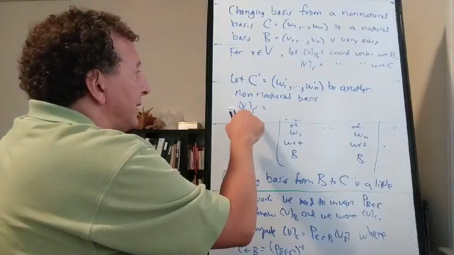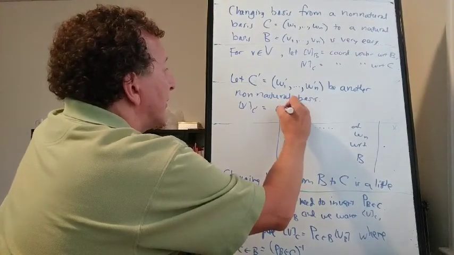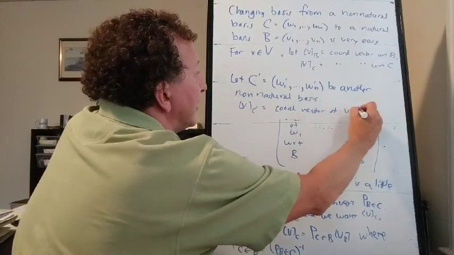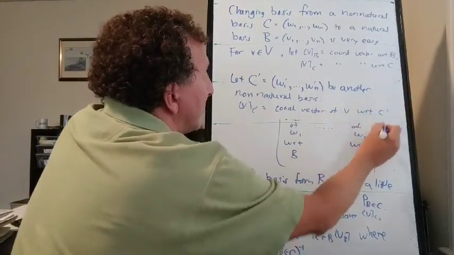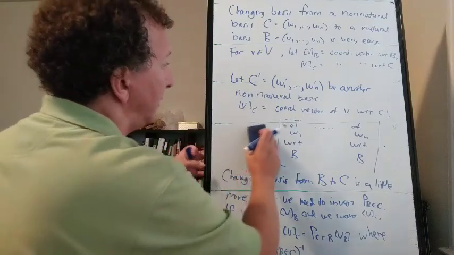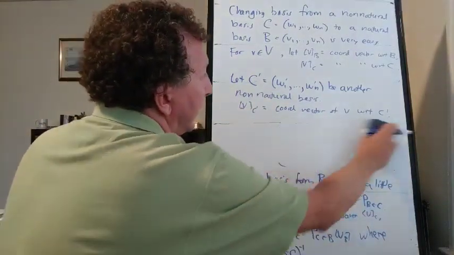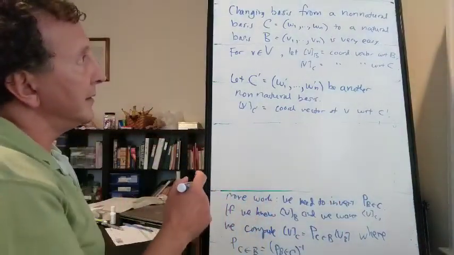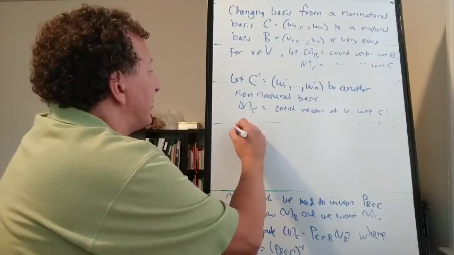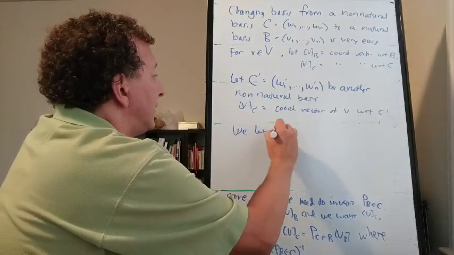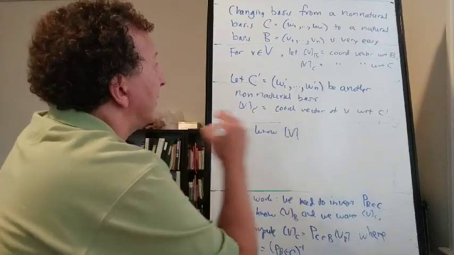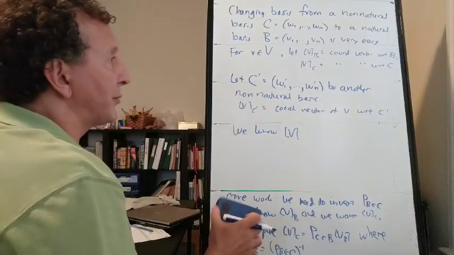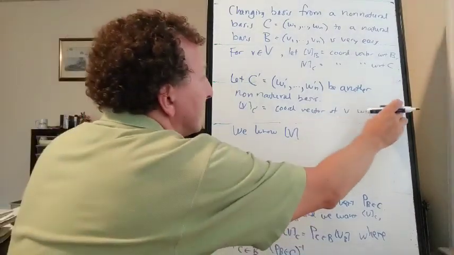And [v]_C' is the coordinate vector of v with respect to C prime. Now theoretically, let's say we know the coordinate vector with respect to C prime, and we want the coordinate vector with respect to C.